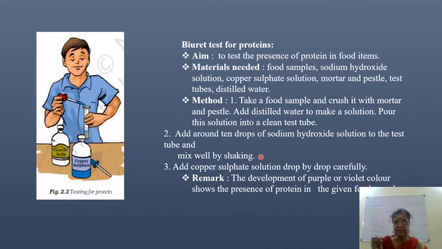After that, add copper sulfate solution drop by drop carefully. You will observe the development of a purple or violet color, which shows the presence of protein. I hope you understand this.